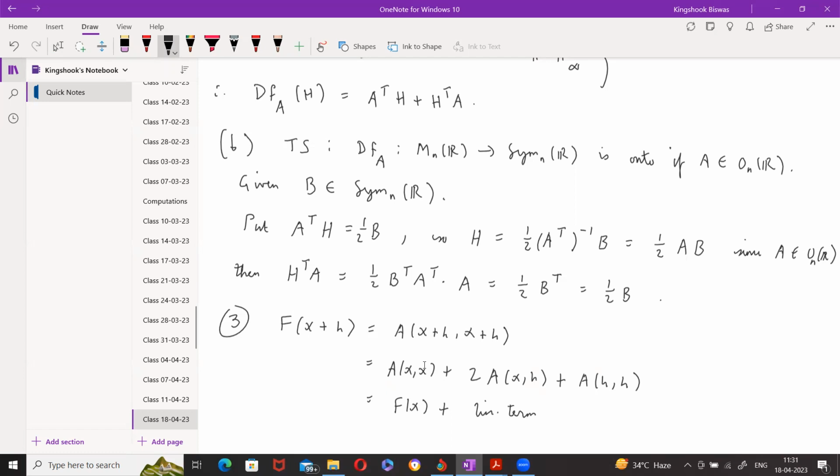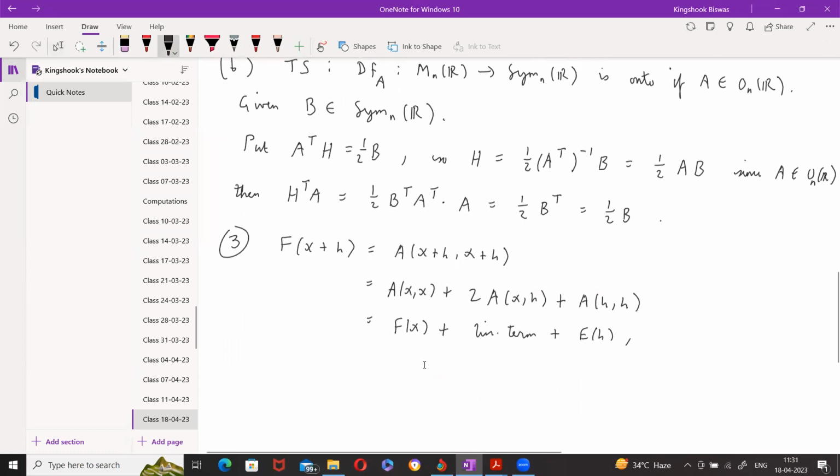This second term is linear in h, plus E(h), and E(h) — well, f is scalar, so this is the mod of E(h), which is the mod of A(h, h). By the definition of the norm on multilinear functions, this is less than or equal to norm A times norm h squared, right?